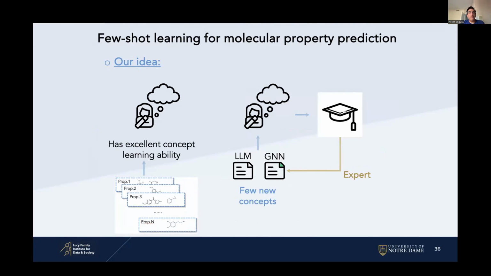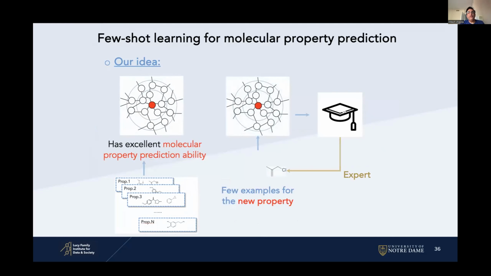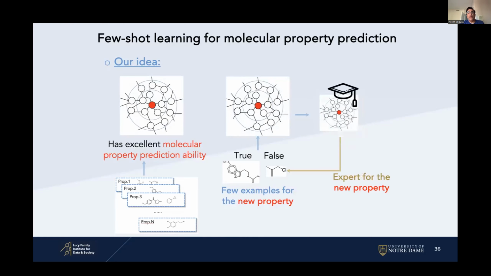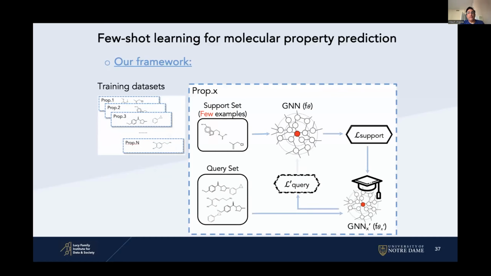So we built a graph neural network where we can predict molecular properties. And then we did the few-shot learning approach where we could ask an expert, we could have a query set, etc. And then we could build a complete framework. So I'll just quickly get you to the complete framework, how we are working here. For each property we collect, as I said, there are 600 plus properties, we collect all their data.